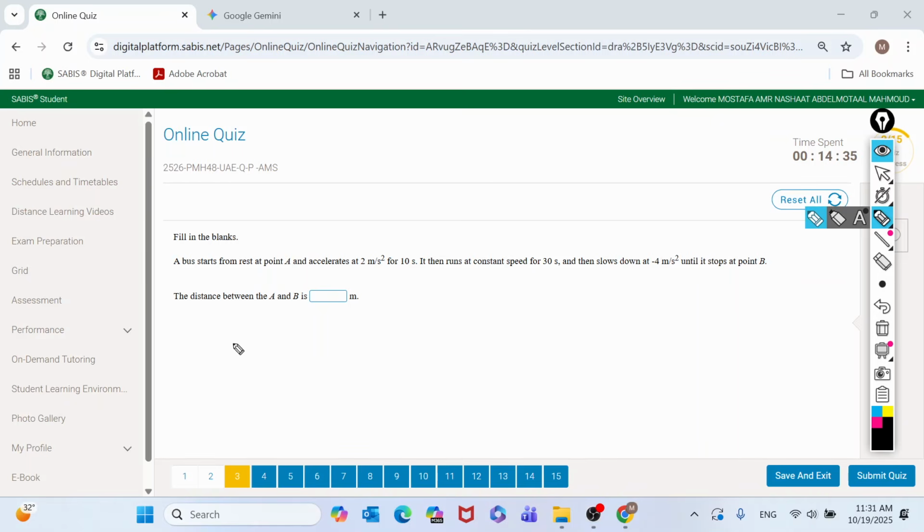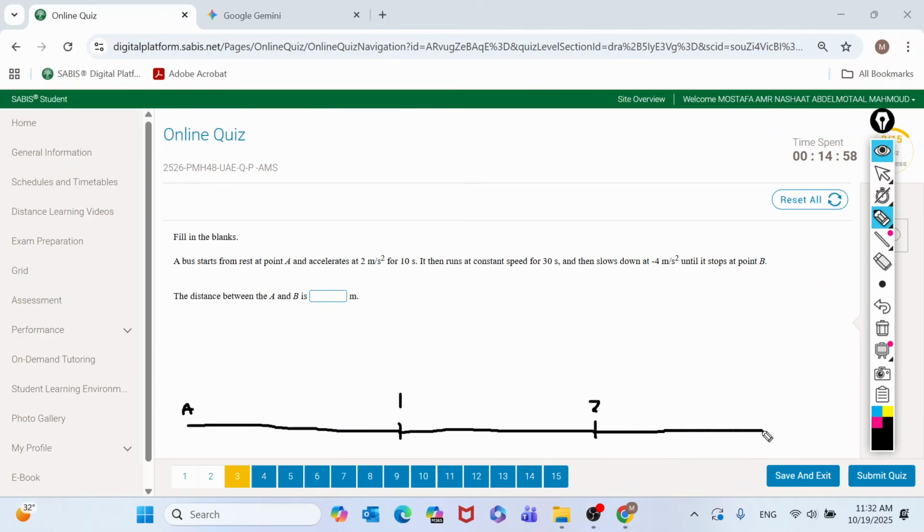So first we need to find the displacement of the first part. Let me just draw it out so it's easy. You have A, and it accelerates until it reaches phase 1, and it moves at a constant speed until stage 2, and then it decelerates until it reaches B. Okay, so yeah, let's solve it.